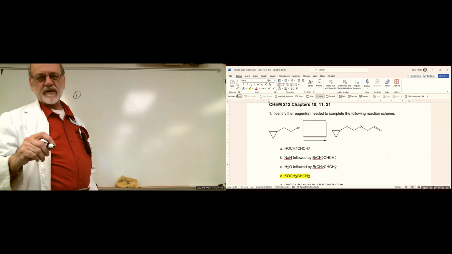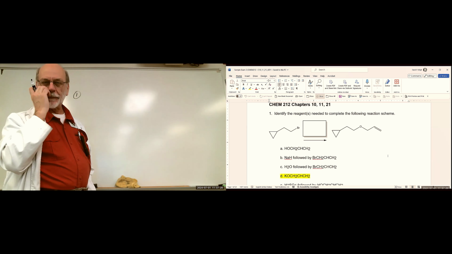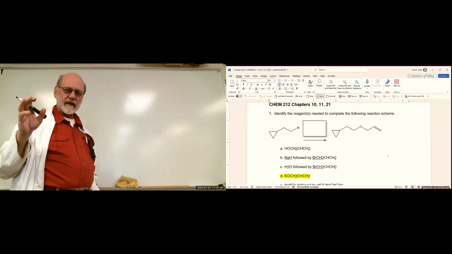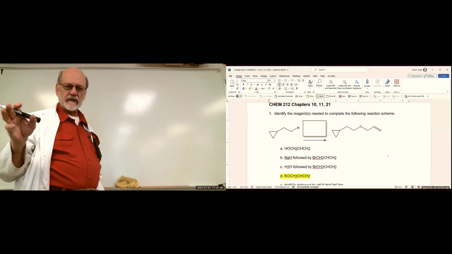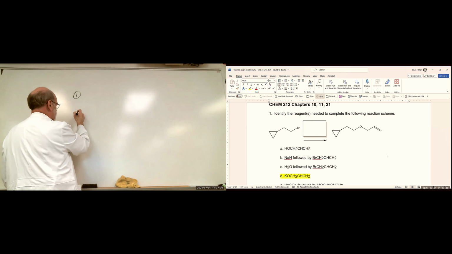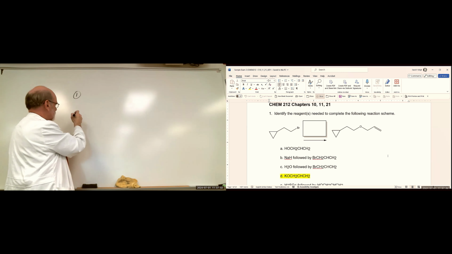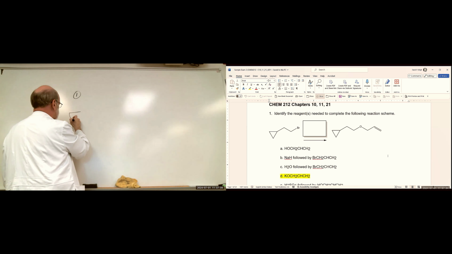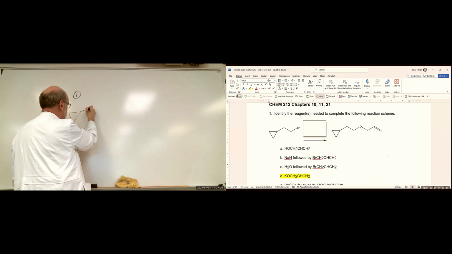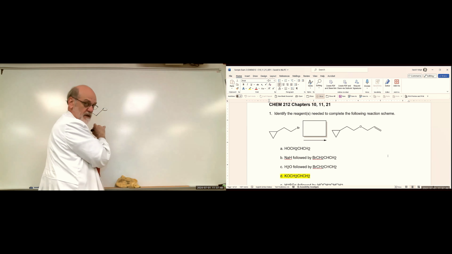Identify the reagent needed to complete the following reaction scheme. So if we look at the product, let's say the product is this: a cyclopropyl in here, and then oxygen there, right?